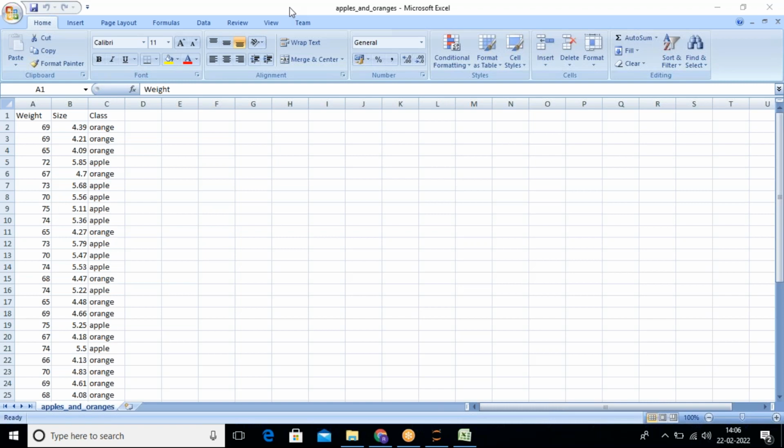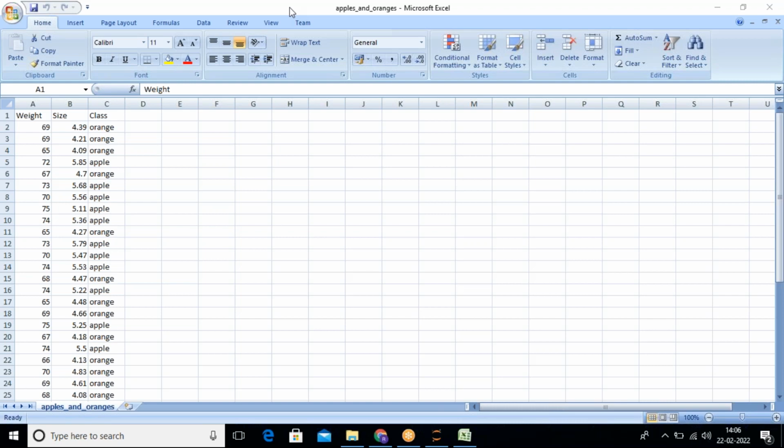Now what do I have to do next? Okay, fine. So here the feature is actually the weight and the size, right?